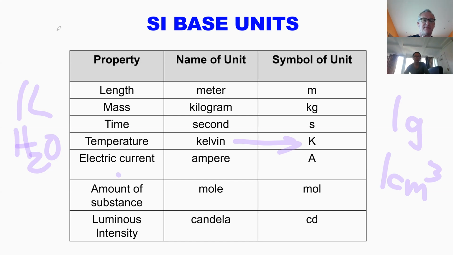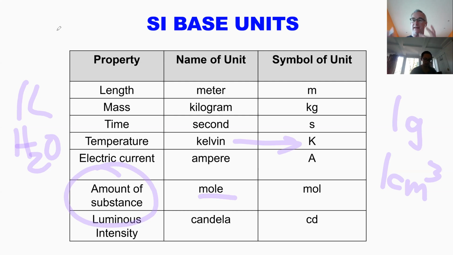Now, the amount of substance, which we're going to be talking about a lot, is the mole. 1 unit of a reactive thing, an element, a compound, whatever it is, 1 unit of something that reacts is a mole. We talked a little bit about that already. And what is the measure of a mole?